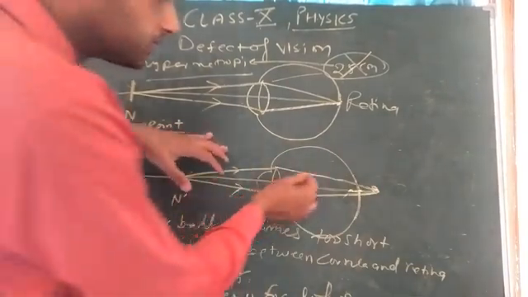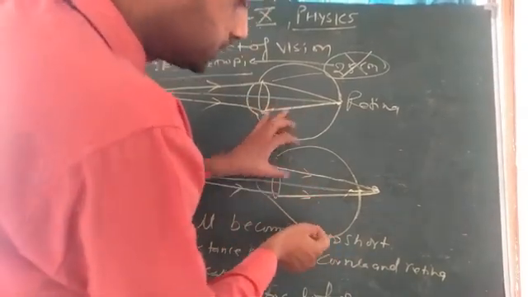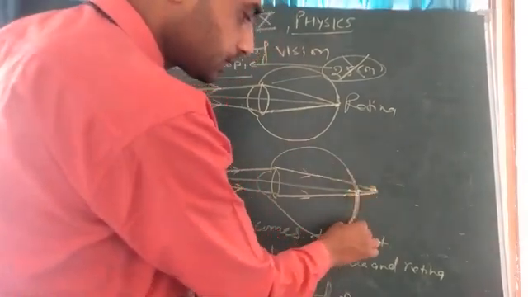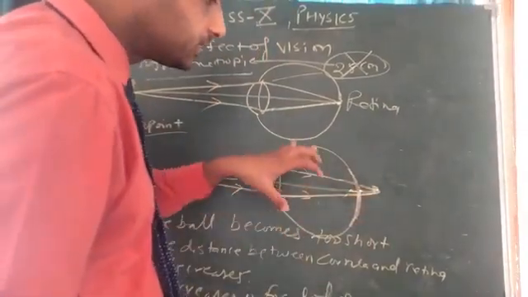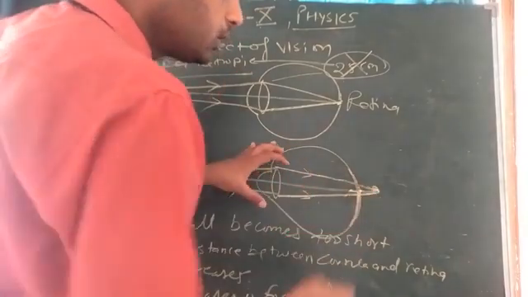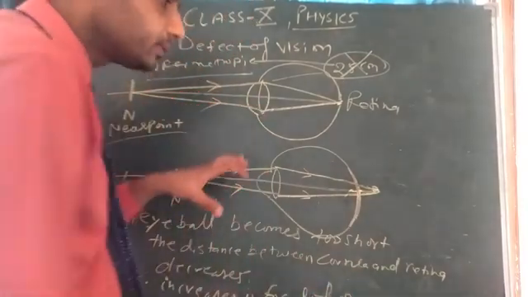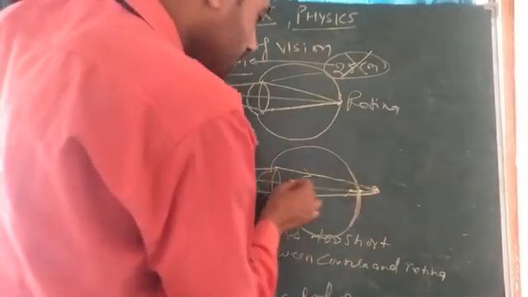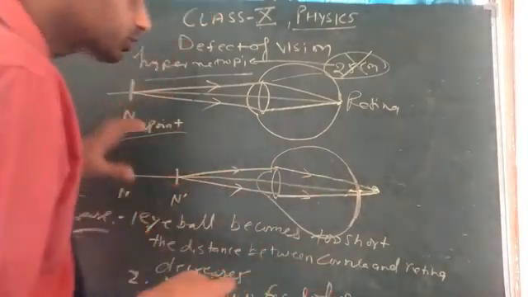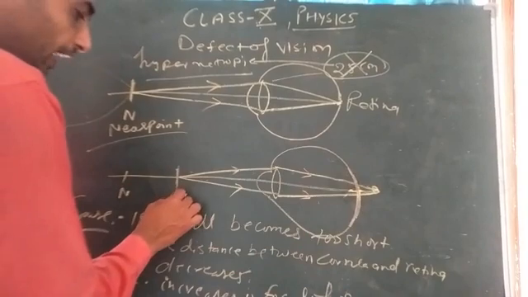It means this convex lens is unable to converge the rays of light on the retina, and that's why the sensitive cells present on the retina are unable to get the signals, and the eye is unable to see the object placed at N dash.